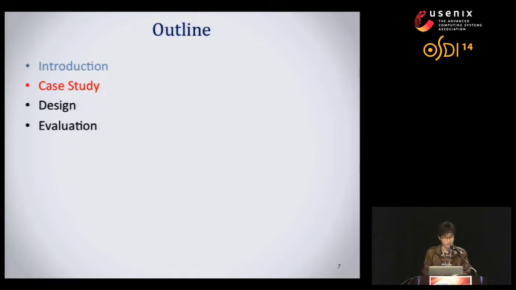In the rest of my talk, I'm going to use a case study to show how Iprof can be used to diagnose a real-world performance problem. And next, I'll describe the design of Iprof and the evaluation of Iprof.